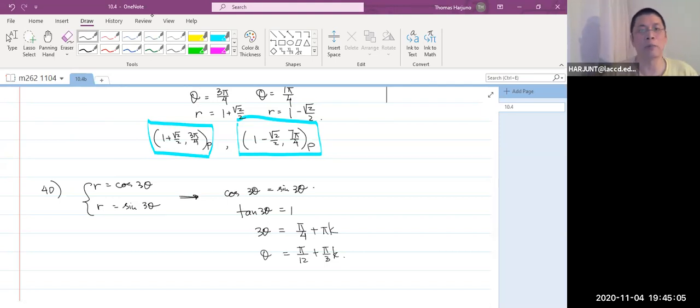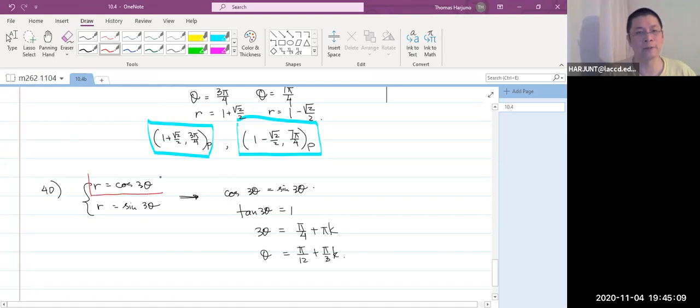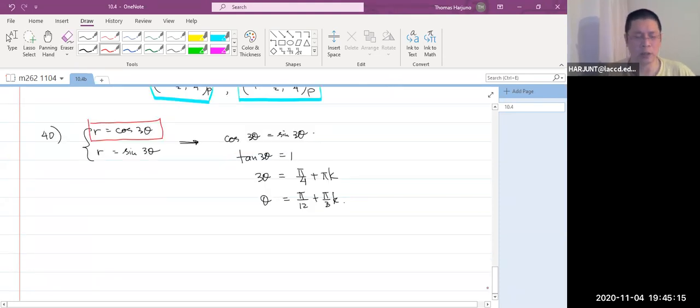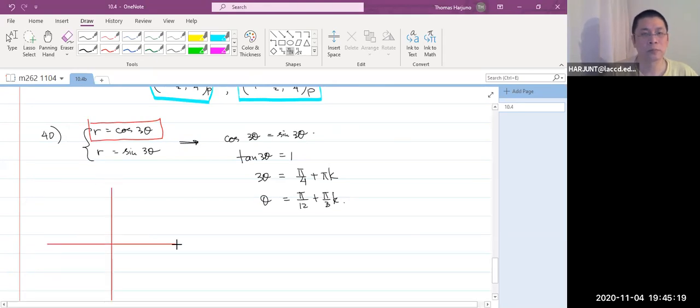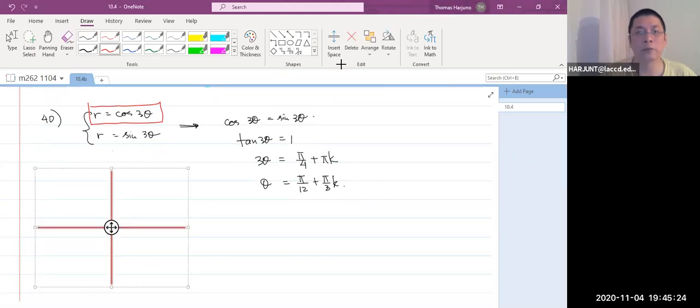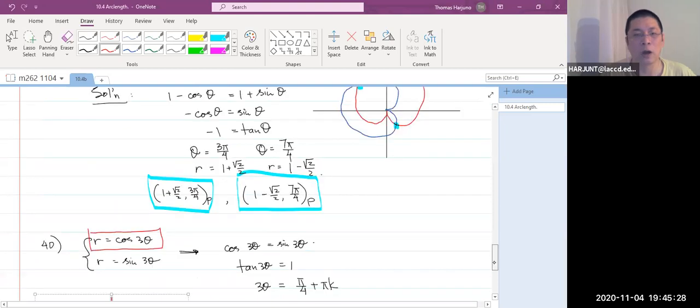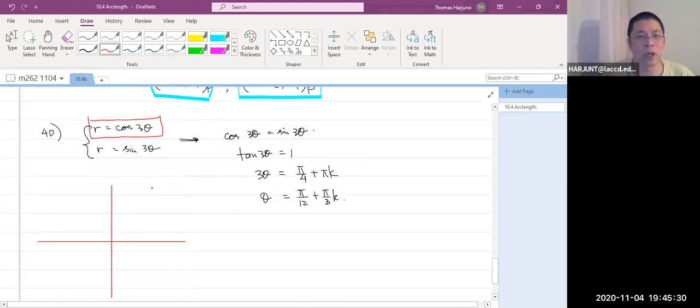I wonder if you remember, how many leaves should the first graph have? The radius is 1. They call that a rose, I think. Because it's cosine, it will have 3 leaves because the coefficient is odd, right? Okay, and the radius is 1, so it will go this way.